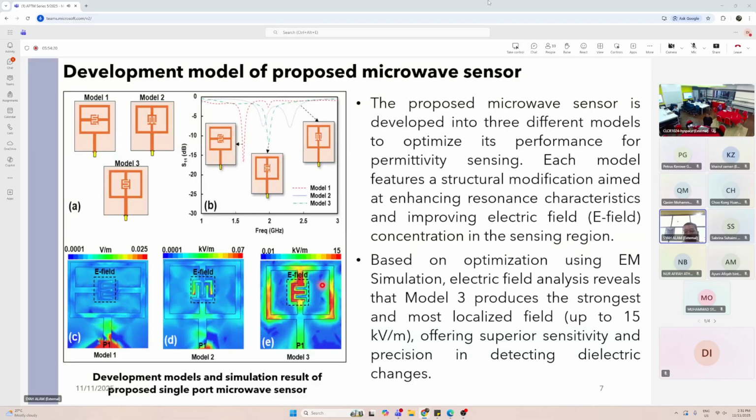So we can use the electric field in this resonator to detect the permittivity of the sample. Based on the optimization using electromagnetic simulation, electric field analysis reveals that model 3 produces the strongest and most localized field, up to 15 kilovolt per meter, offering superior sensitivity and precision in detecting electric changes.